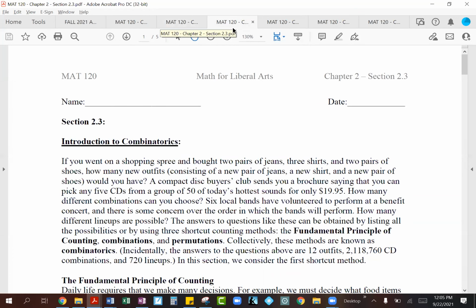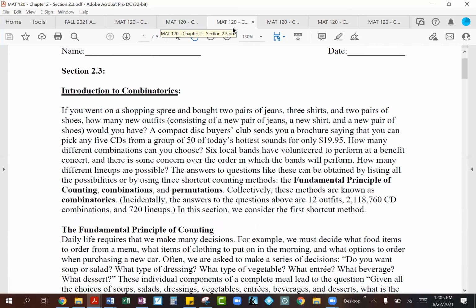Alrighty, so the next section with chapter 2 is getting into counting. How do you do different types of counting? So we're talking about the fundamental principle for counting, and then we've got our combinations and permutations. All of these methods together are what we call combinatorics.